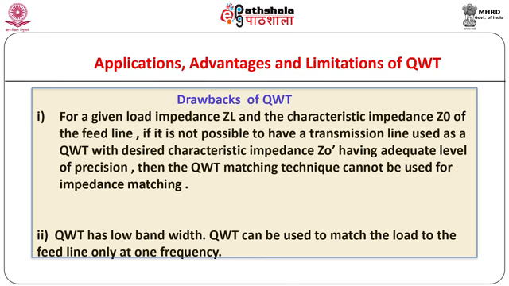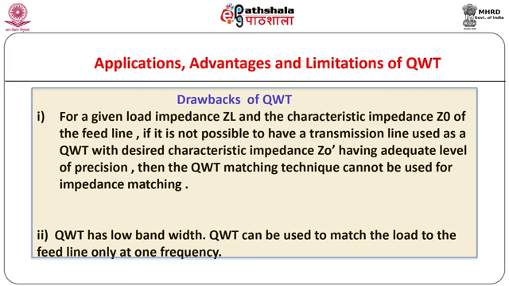Any deviation from the original signal frequency causes changes in the load impedance ZL and characteristic impedance Z0 of the transmission line. The frequency dependence of ZL and Z0 in turn changes the value of Z0 dash. Thus, for matching the line at some other frequency, we have to select another transmission line with a new value of Z0 dash.